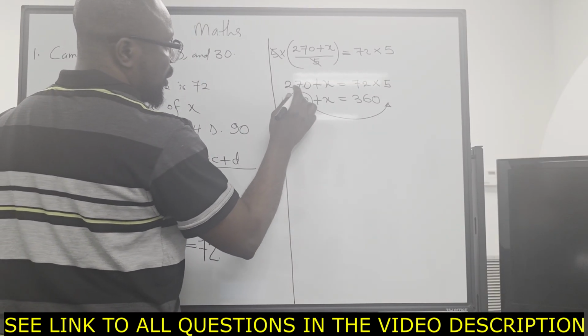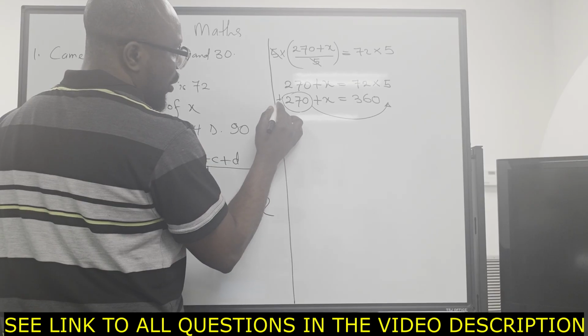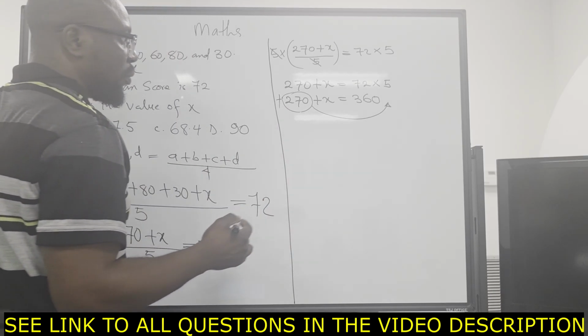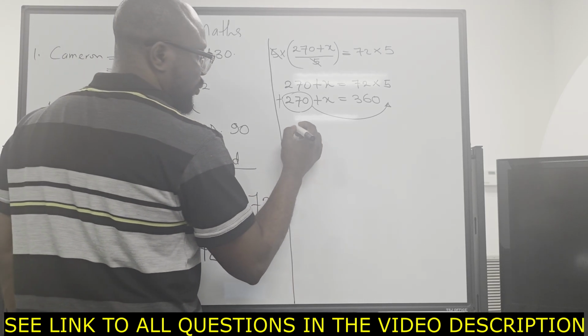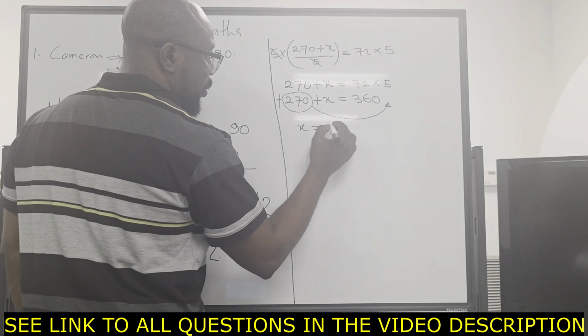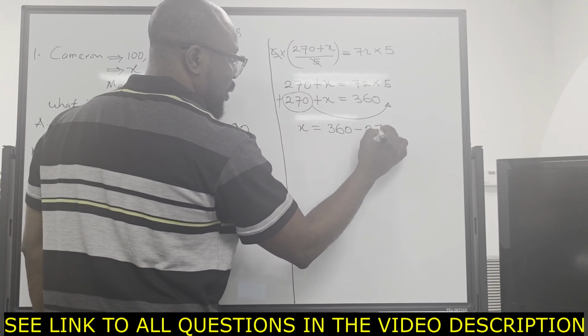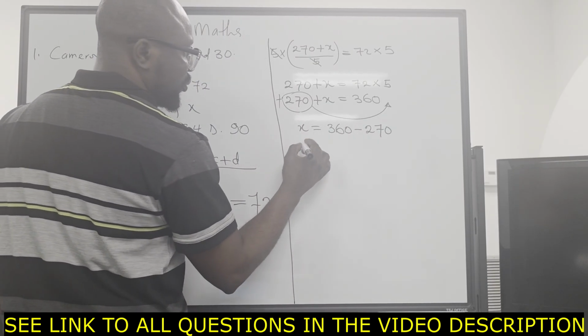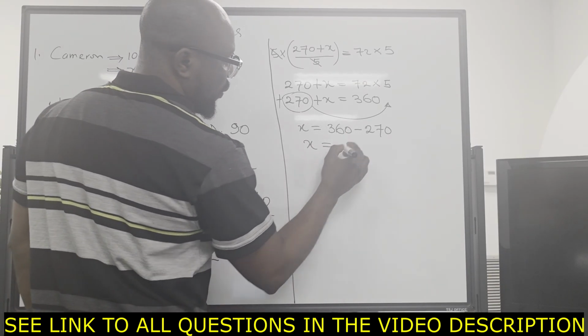Don't forget that this 270 is positive because there is no negative here. So whenever you move a number across the equation, the sign or the operation is going to change. So now you have X is equal to 360 minus 270. So 360 minus 270 should give us 90.